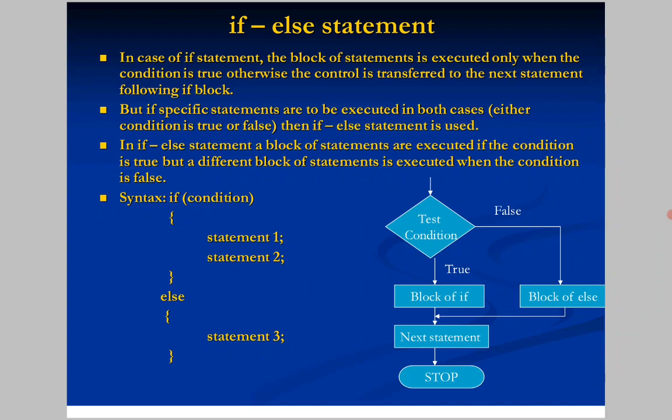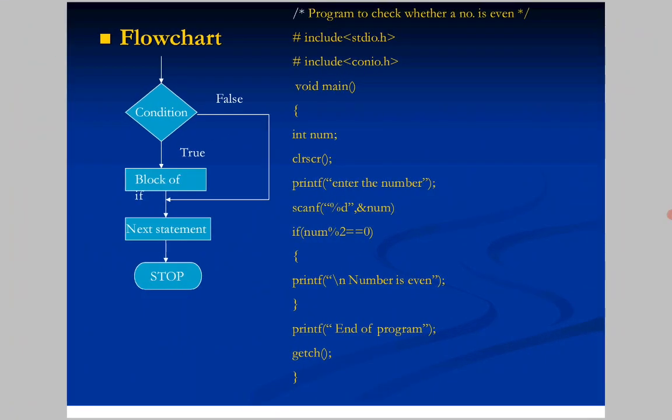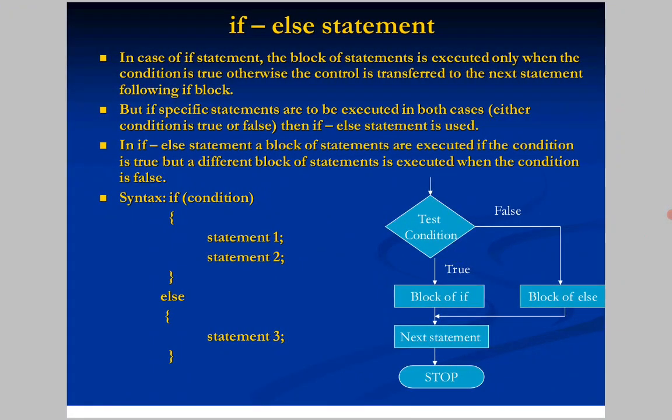In a simple if statement, we can take only the true part. If the given condition is true, then the statements are executed. In an if else statement, two parts are taken. We test the given condition: if the test condition is true, then one block of statements is executed, and if the given condition is false, another set of statements is executed.